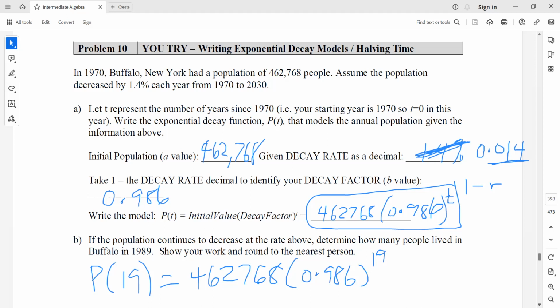And that should give us 354,000. Remember, it's decreasing. The decimal part goes away, so you have that.